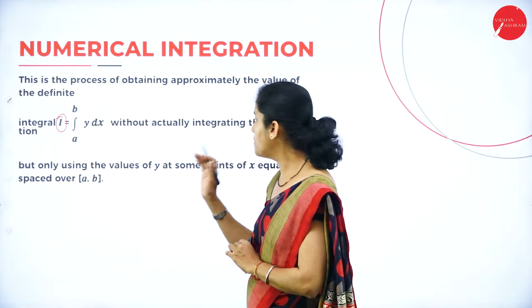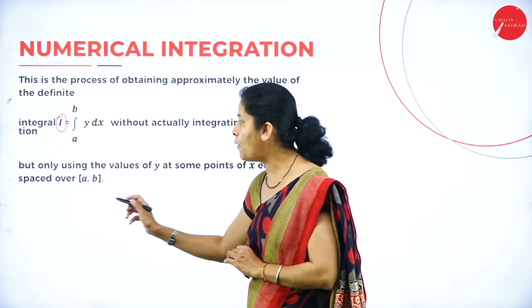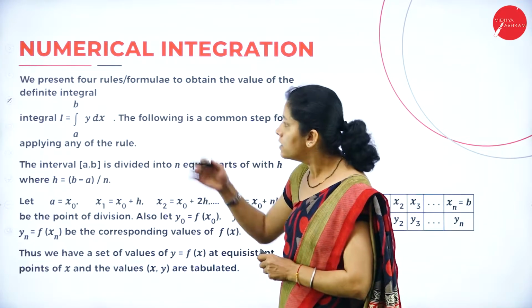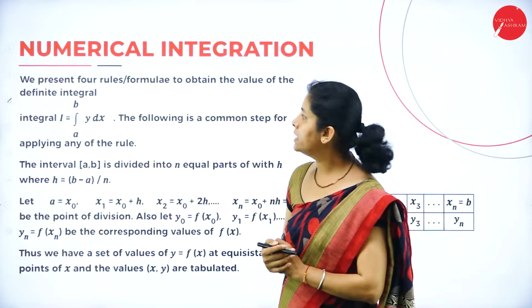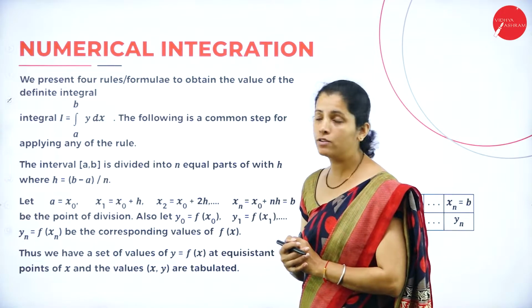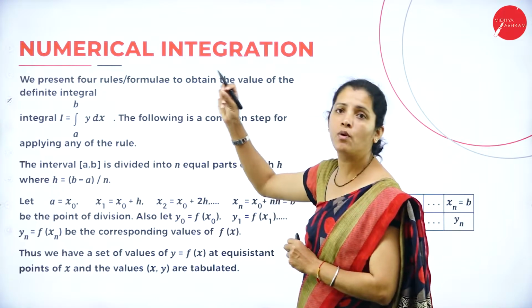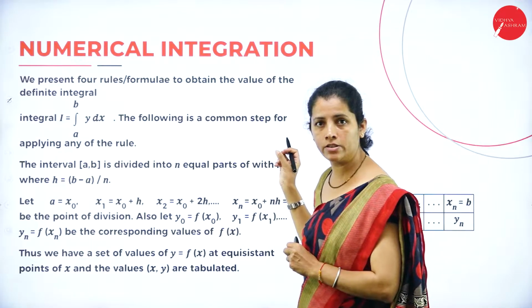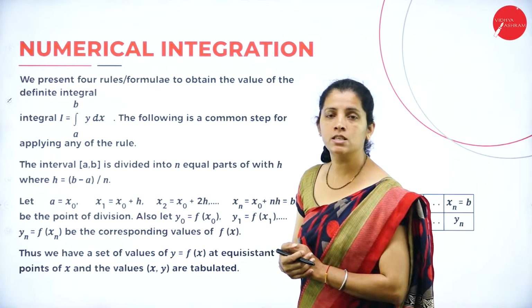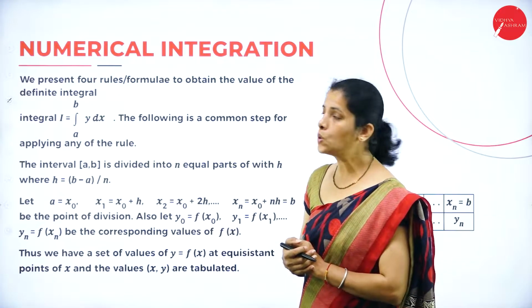Here I am going to have some points that range between a to b. Now, for numerical integration, there are 4 different kinds of rules used to perform it. But according to the syllabus, I am going to discuss only 3 rules.